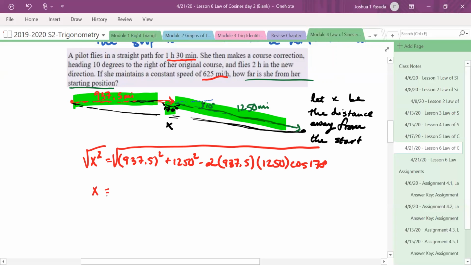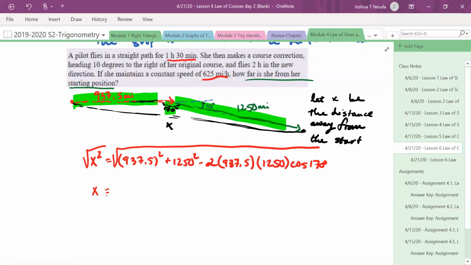Once again, bear with me. It's going to take a second. 937.5 squared plus 1250 squared minus 2 times that times cosine of 170. I'm in degrees, yes.